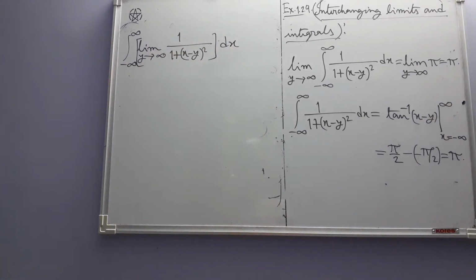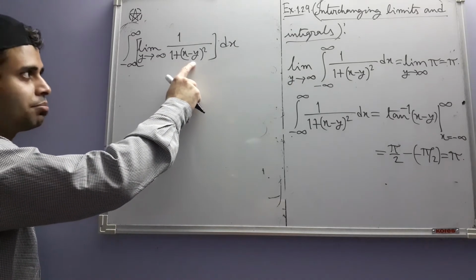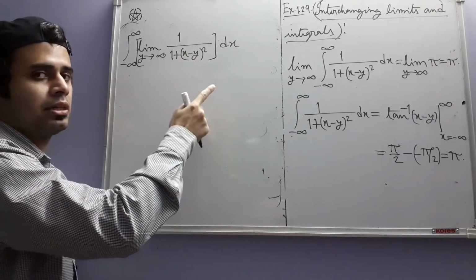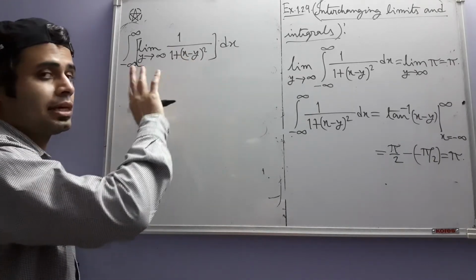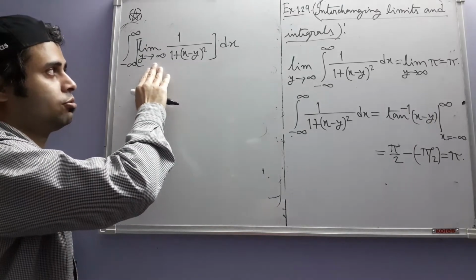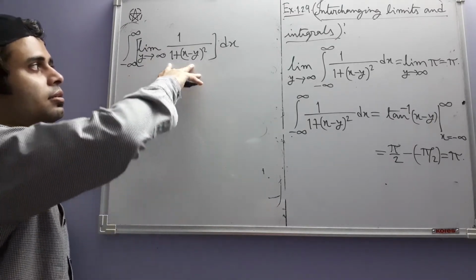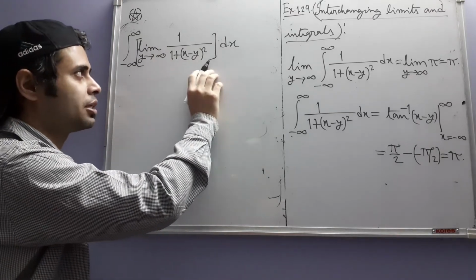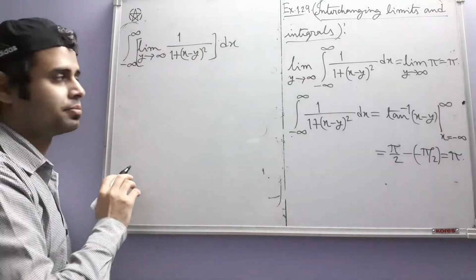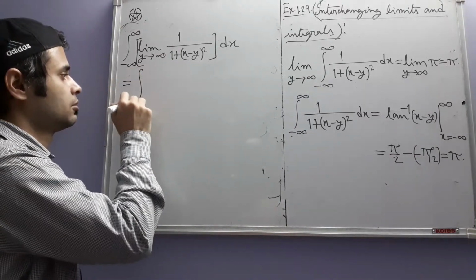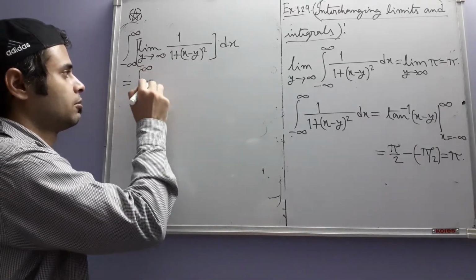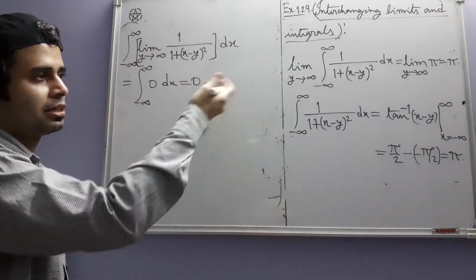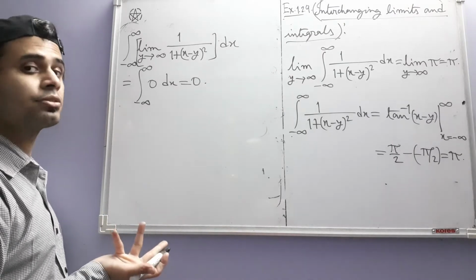Now what about the inner limit? If I take y to be infinity, x minus y becomes minus infinity. These are all vague things, but you should understand that this limit will be 0 because the denominator becomes infinitely large. So that means 0. Different answers. What is wrong?